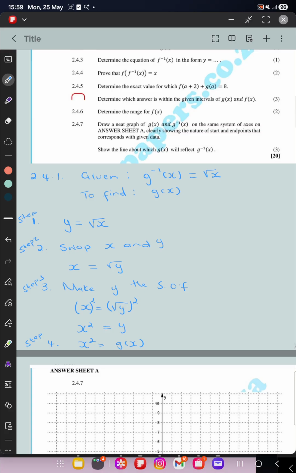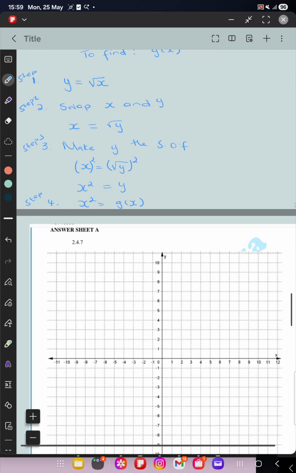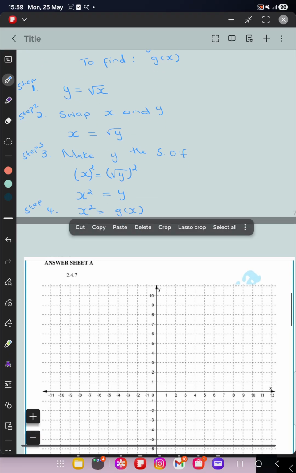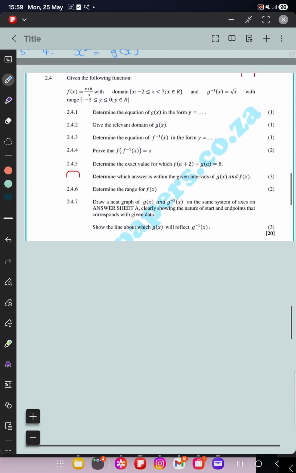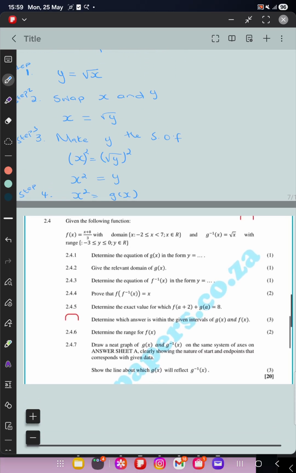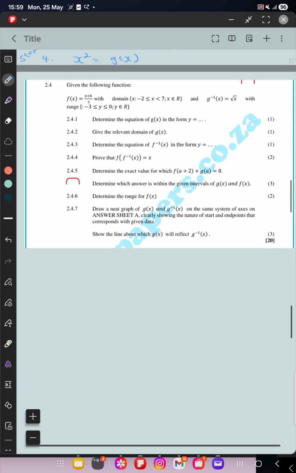All right. Now we go forward. All right, let's see. We go forward now. 2.4.2. We are asked to give the relevant domain of g of x.